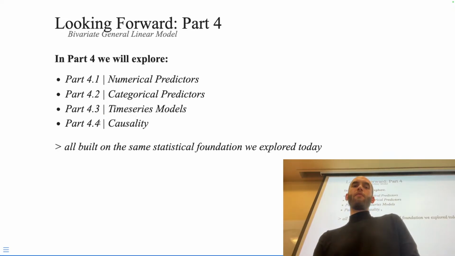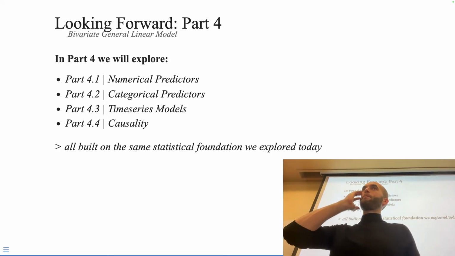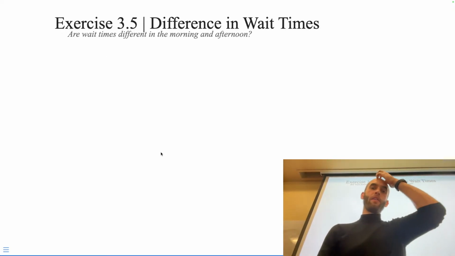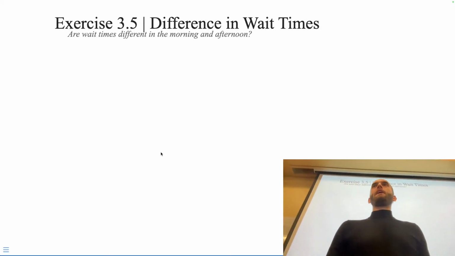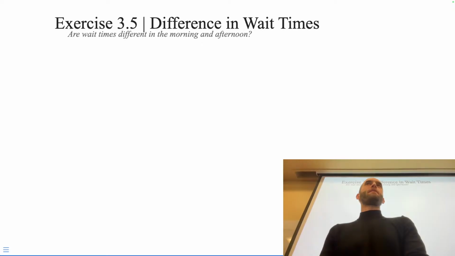And then in part 4.4, we're going to talk about causality. So what kinds of claims can we make about causality when all we see is the data? Essentially, this is all built on the core ideas we've just talked about in the univariate general linear model case. Okay, we ready to do some testing?